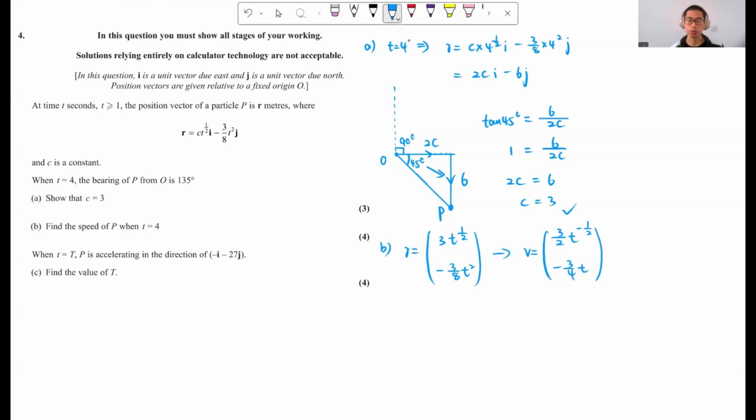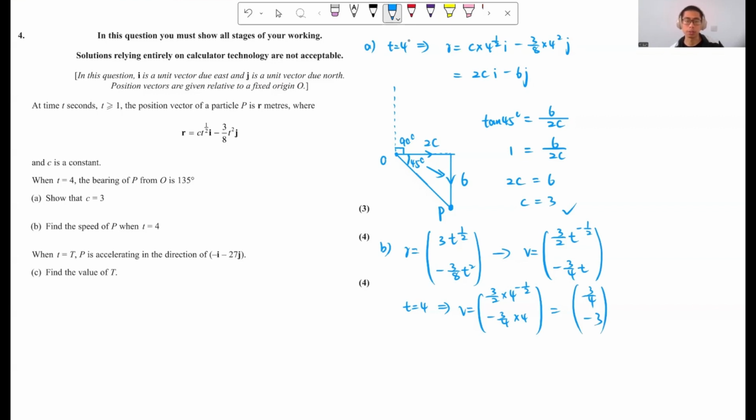And then when t equal to 4, we substitute in. The velocity is equal to 3/2 times 4 to the power -1/2, and -3/4 times 4. So 3/2 times 4 to the power -1/2 is 3/4 for the i component, and -3/4 times 4 is -3.